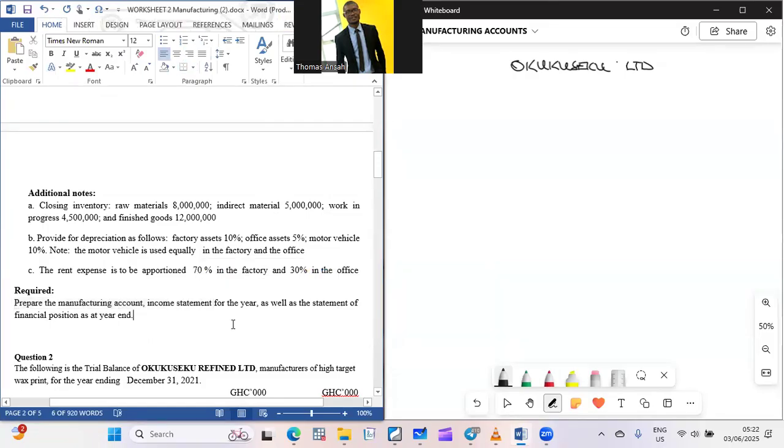So for the period. So this is what you do. You write exactly that. Manufacturing account. So you can do the manufacturing account side, but you can also decide to write it to manufacturing and income statement.